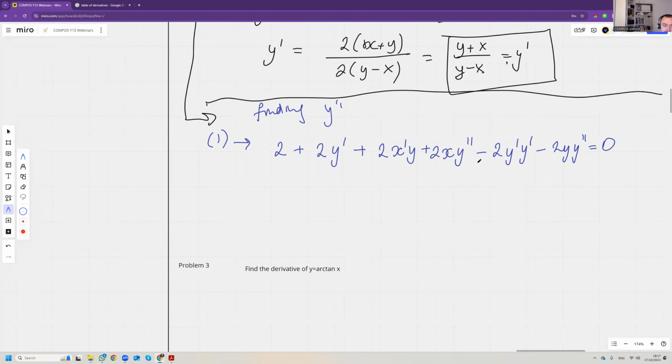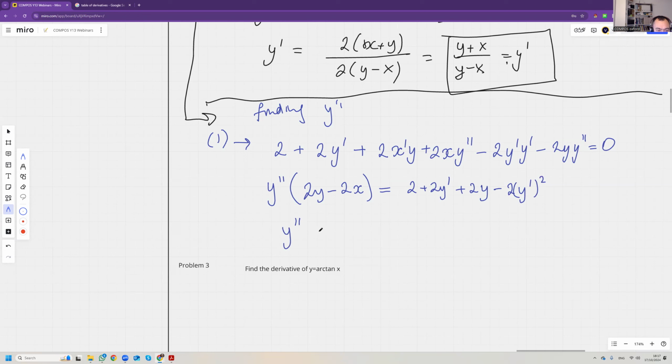And now we make y double prime the subject, y double prime, open bracket, 2y minus 2x equals 2 plus 2y prime plus 2x prime y. Well, x prime is 1, so 2y minus 2y prime squared.